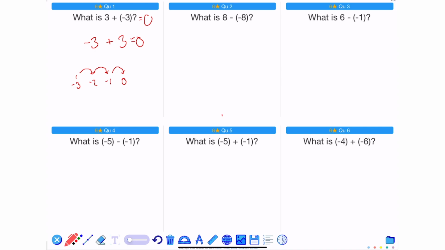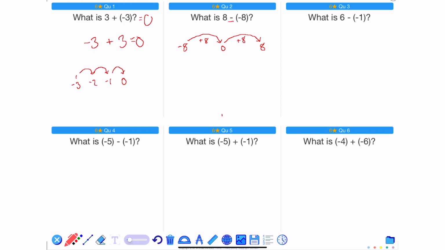For the next question, I've got 8 minus negative 8. Another word for minus is subtract, take away, or difference. I need to find the difference between 8 and negative 8. So with negative 8, 0 and 8, I'd have to count up 8 on the number line to get to 0, and another 8 in order to get to 8.